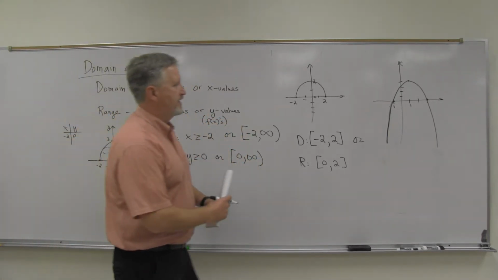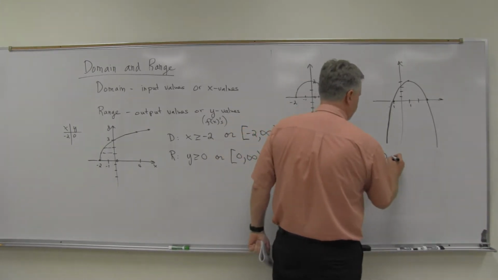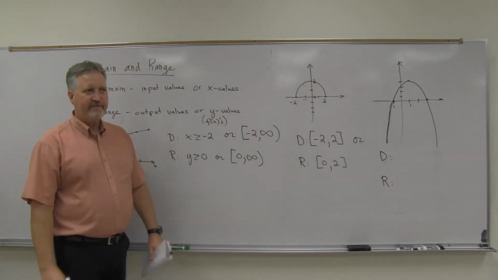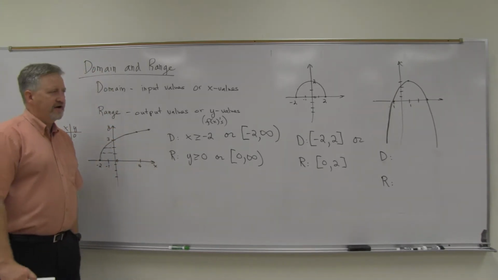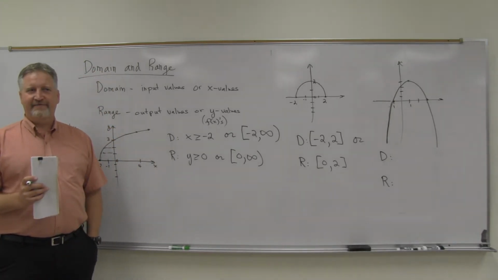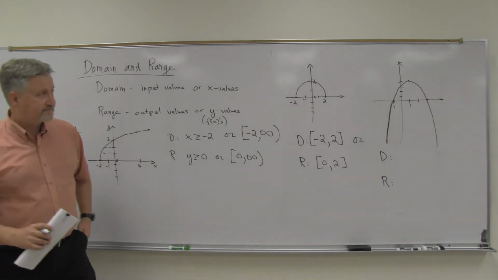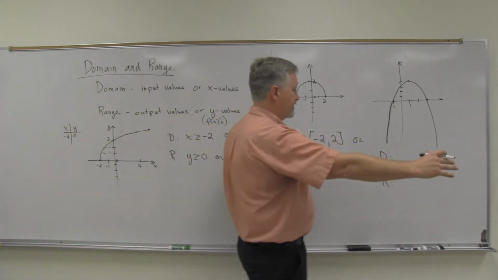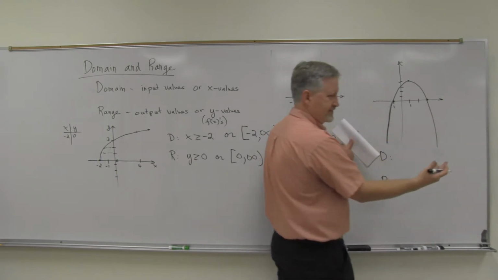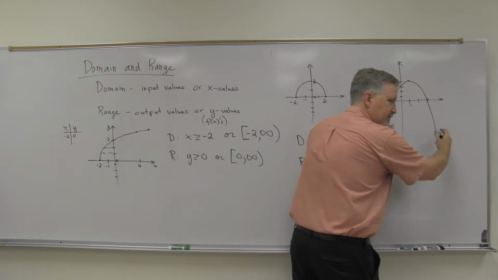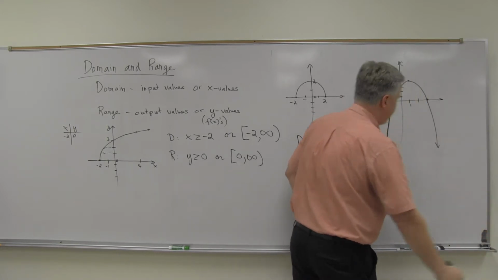So let's talk about the domain and range right there. Domain for the x values. Infinity. Any x value, couldn't it be? Yeah, because this graph goes off the screen, so to speak. This graph's going to continue, it's angled out, isn't it? So the graph's going to continue angling out.